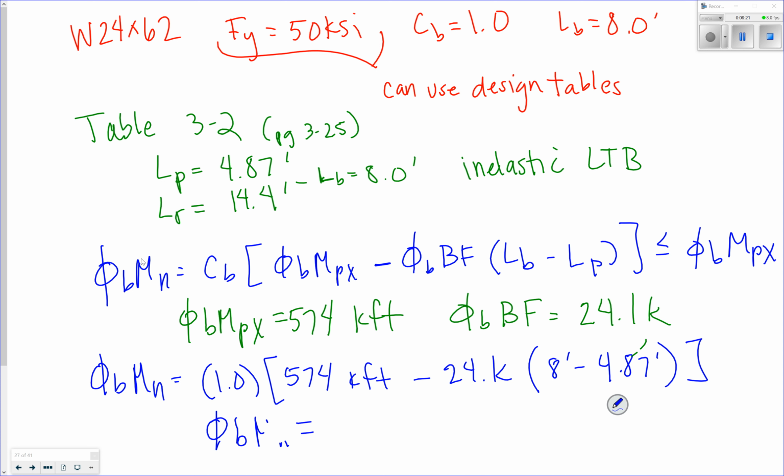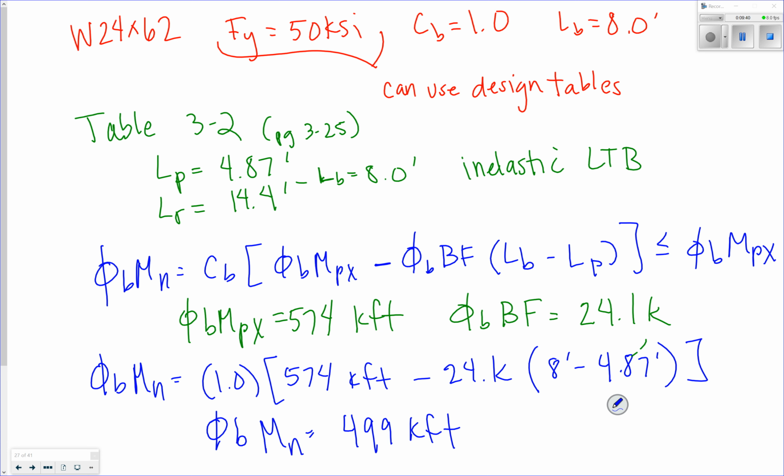And the number that I got was not anywhere near what I had before. So I got 499. Let's rewrite that. That's less than that 574.